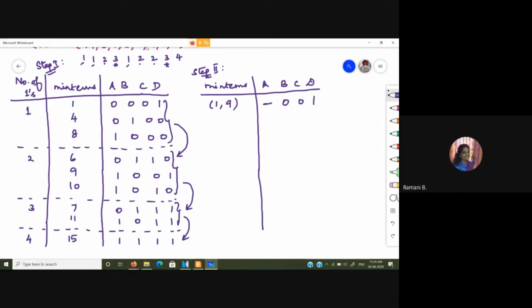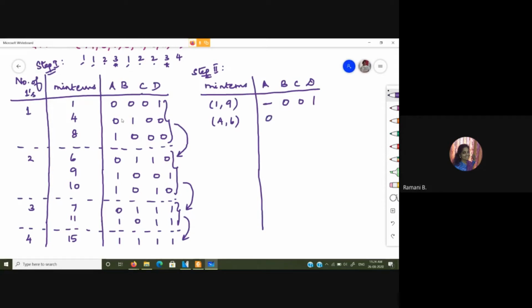Okay. Next comparing 1 with 10. Again here A variable changes, C and D also changes. So that is also not possible pair combination. So next we compare 4 with 6. So comparing 4 with 6, here we have 0 1 0 0, this is 0 1 1 0. So only the variable C changes.